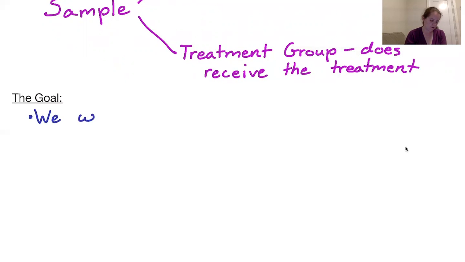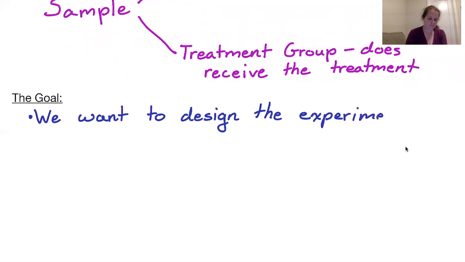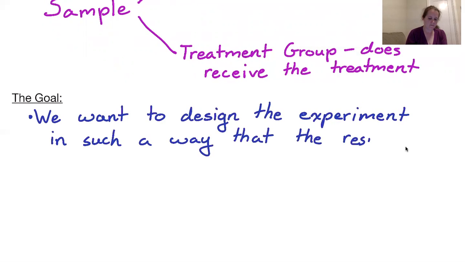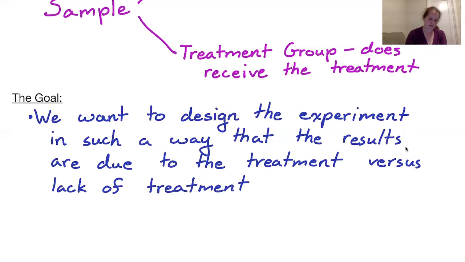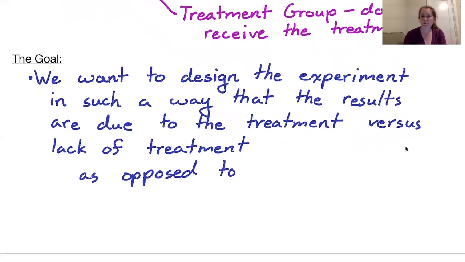So we want to design the experiment in such a way that the results are due to the treatment versus lack of treatment, as opposed to due to some confounding variables.